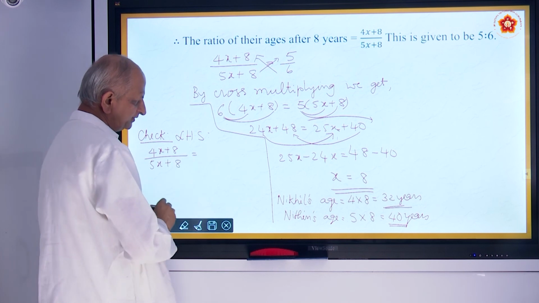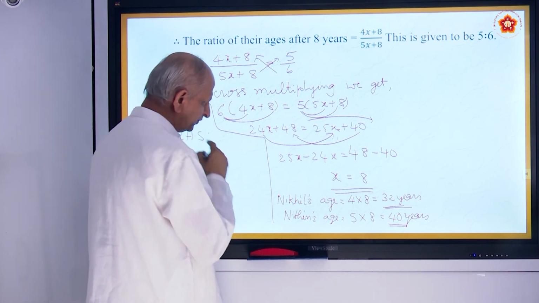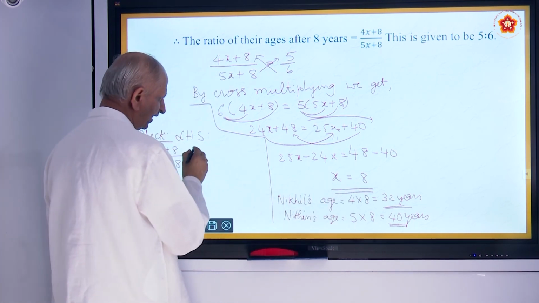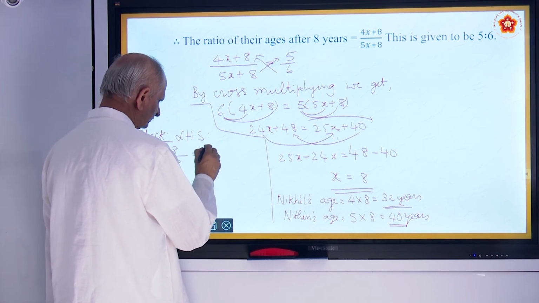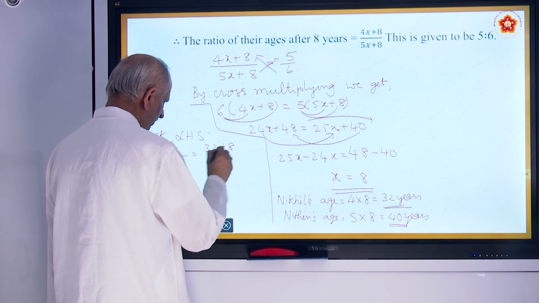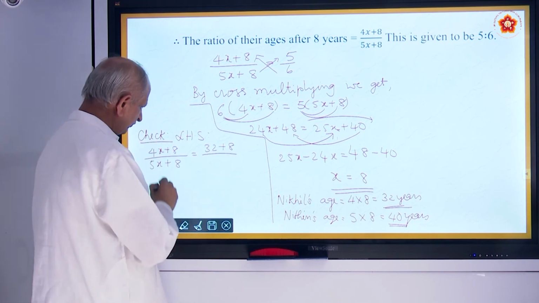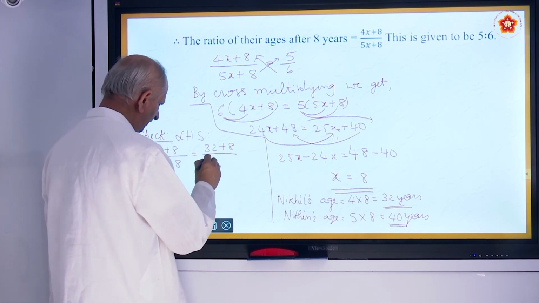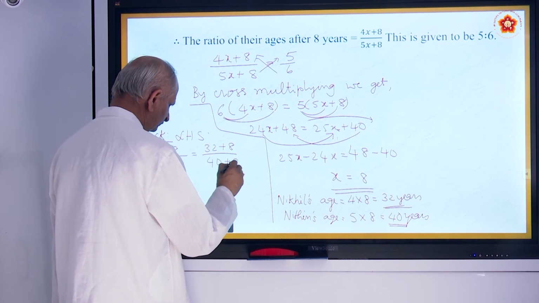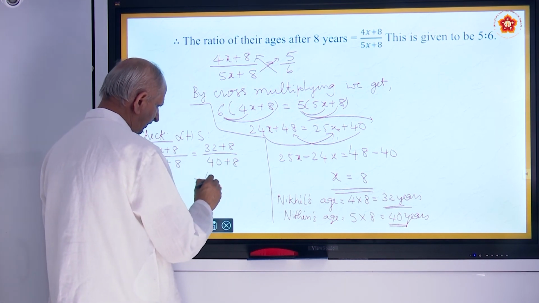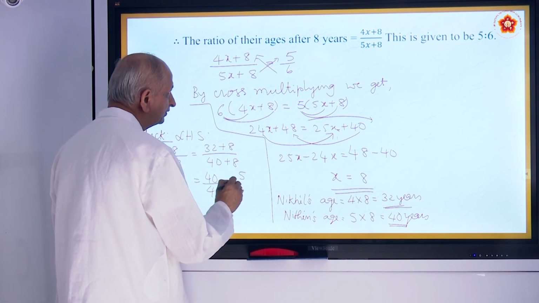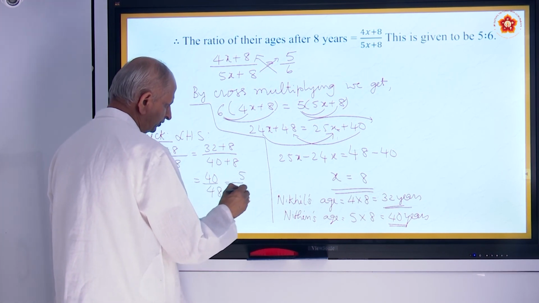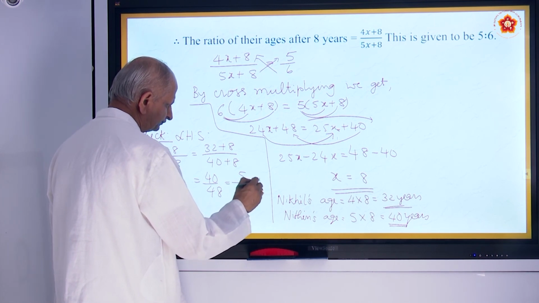What is 4x plus 8? 4x means 4 into 8, 32. 32 plus 8, divided by 5x means 5 into 8, 40 plus 8. So that will be 40 by 48. That is 8 5s are, 8 6s are. So that is also equal to the RHS.